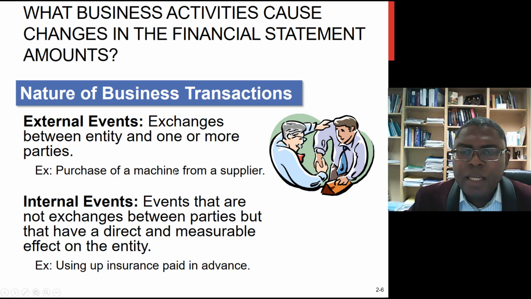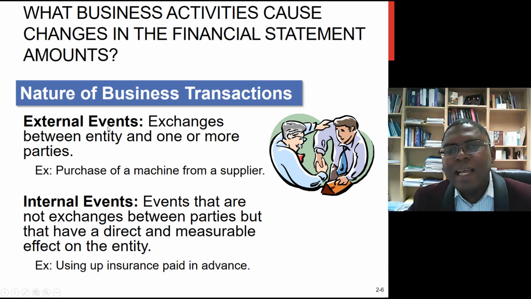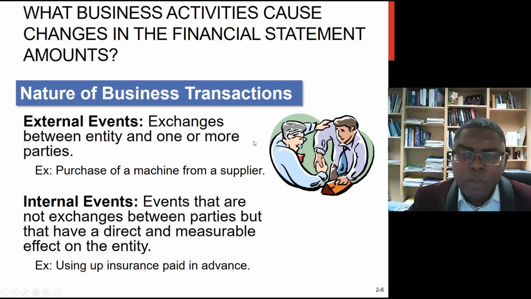An example could be the buying of a machine from a supplier. So notice that two businesses are involved. In the buying of the machine, one company is buying and the other company is selling. The supplier is selling. So that is an external event. It's going to affect the transactions of the company.